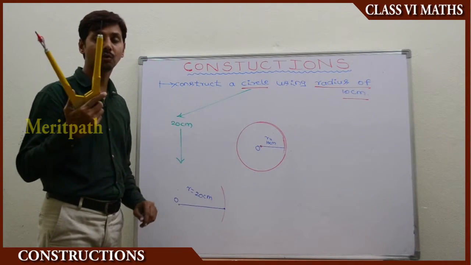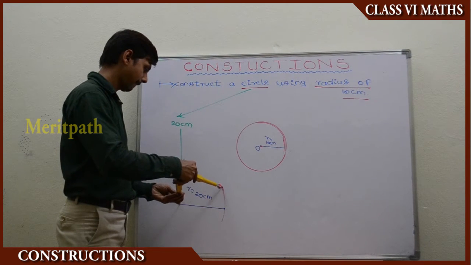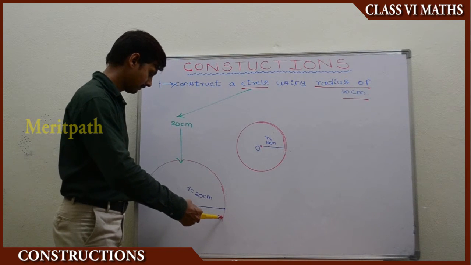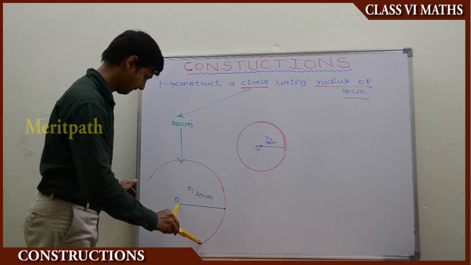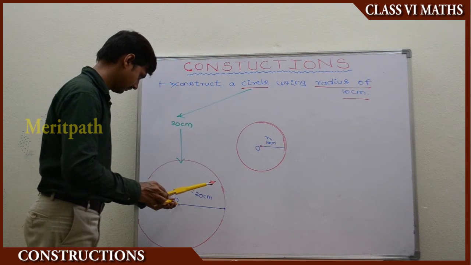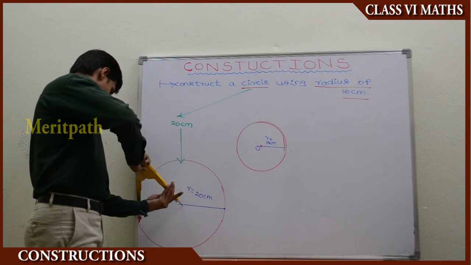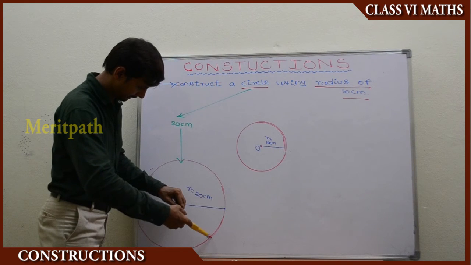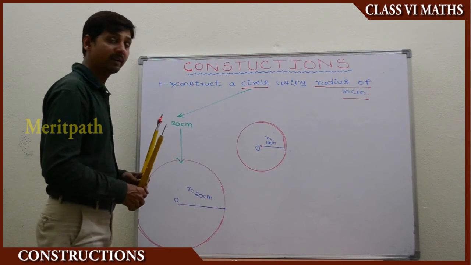We have taken a radius of 20 centimeters, and this completes the circle. Let's draw it again.